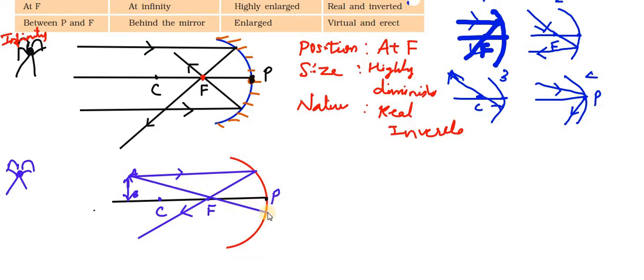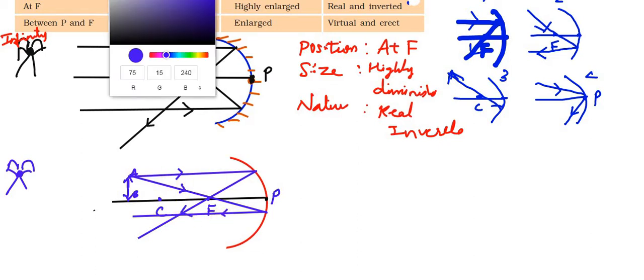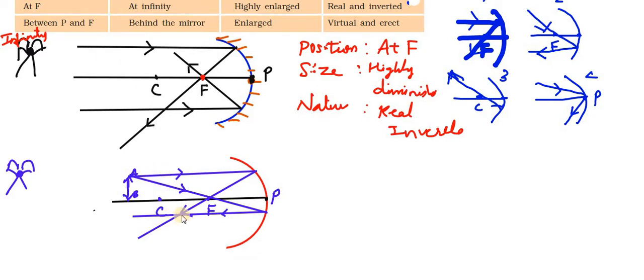It will go parallel to the principal axis. I told you that. Where these two rays meet, that is where the image is formed. Here it is meeting at this point.